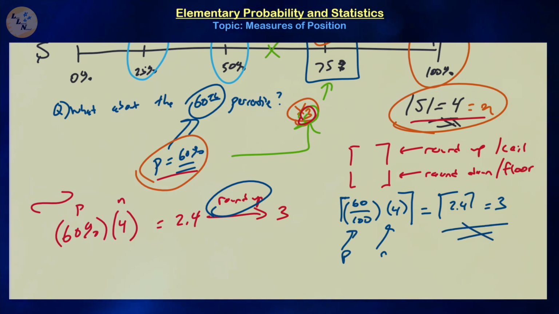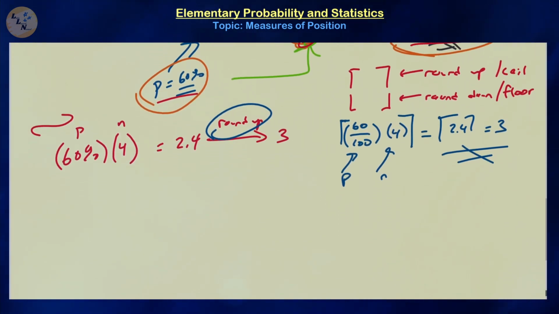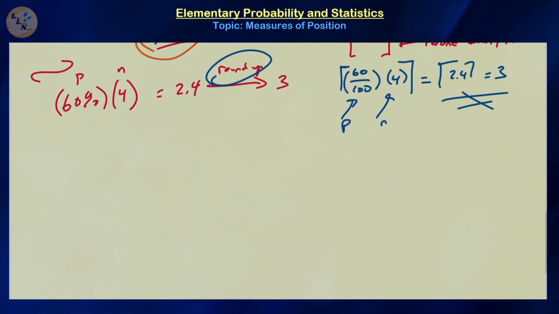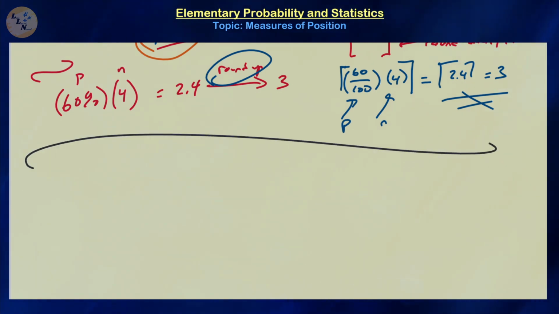Okay, so now we have a proposed formula for calculating percentiles, and this is actually how we're going to define a percentile, at least from the formal definition of the word. All right, so definition.